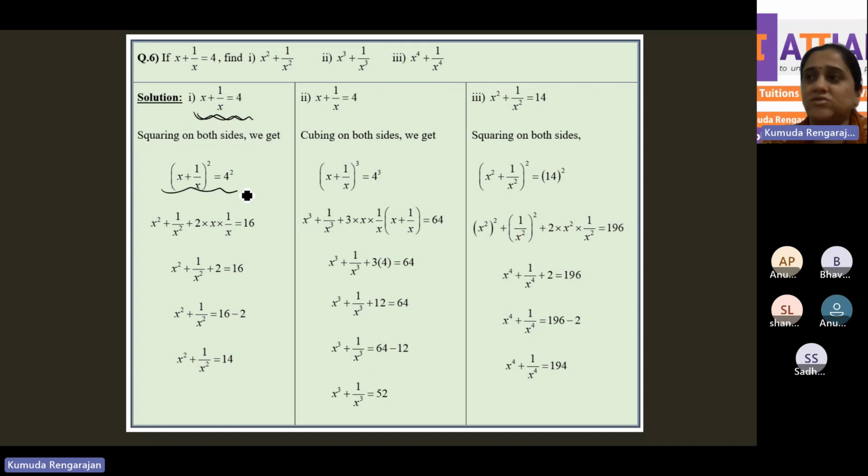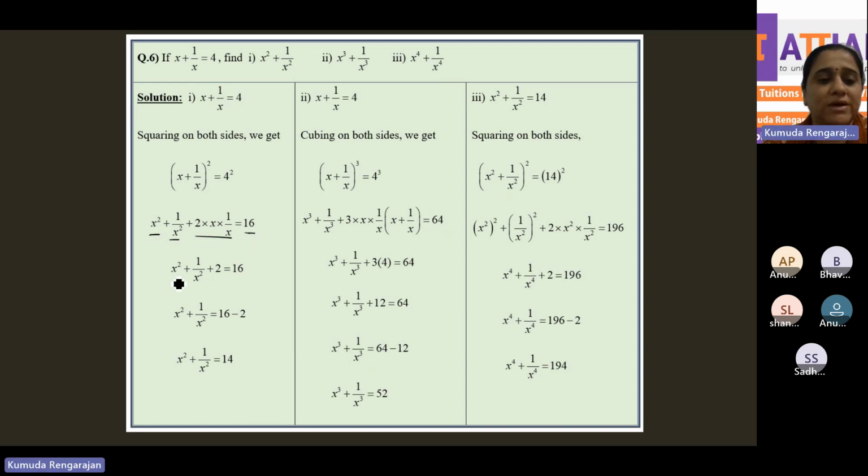Square on both the sides. So x plus 1 by x the whole square is equal to 4 square. Now this is like a plus b the whole square, correct? So what is it? a square plus b square plus 2ab is equal to 16. Are you following? a square plus b square plus 2ab is equal to 16.